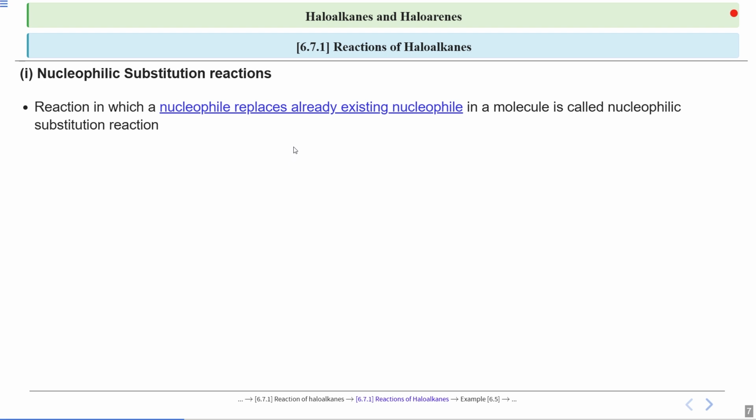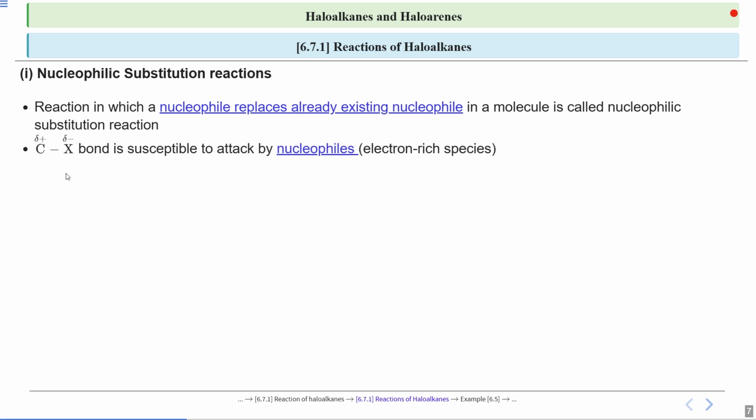That kind of reaction is called nucleophilic substitution reaction. One nucleophile replaces the other in the molecule.